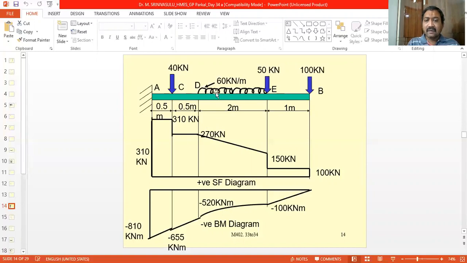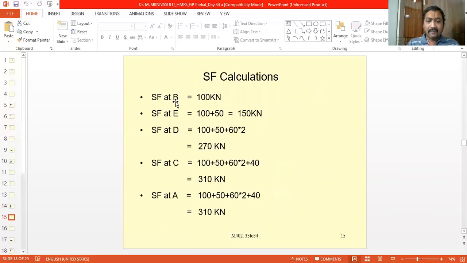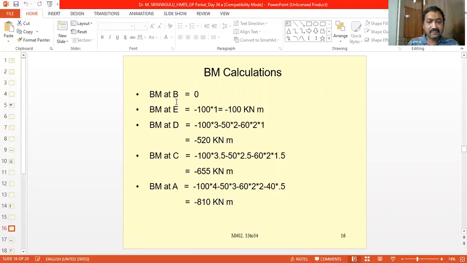Next, the 120 kN is the force, and it is acting at 2 by 2 from here, this is 1 meter plus 0.5, 1.5. So we have to add the bending moment of all these three forces. So the bending moment at point C is equal to minus 100 into 3.5 minus 50 into 2.5 and minus 60 into 2 into 1.5. It becomes minus 655 kN meters.